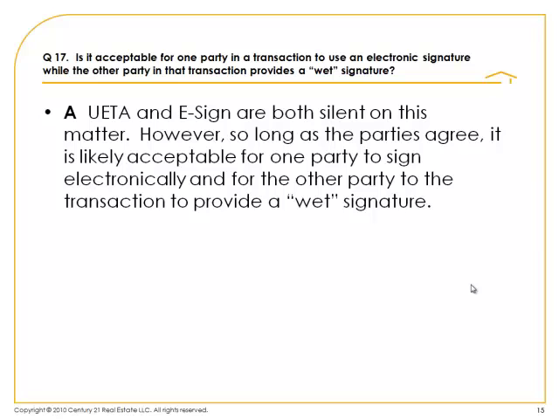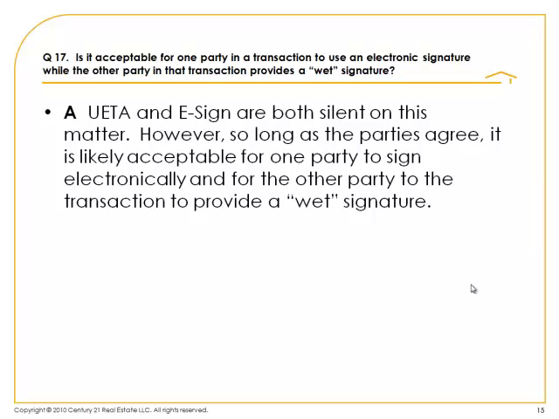And this is a question that I've gotten a lot from people. Is it possible that one person, let's say the buyers, sign electronically, can you then print it out, forward it, fax it, email it to the listing agent, and they sign it not electronically? The answer is yes.